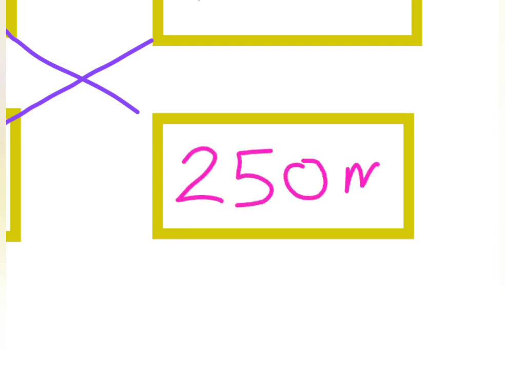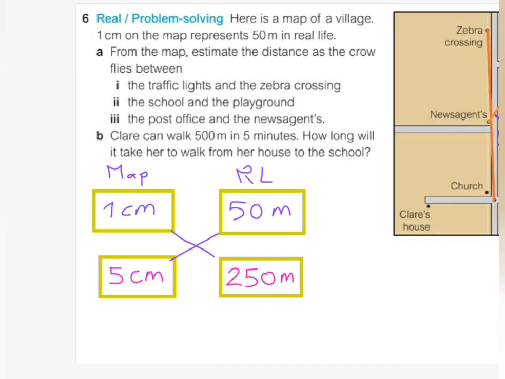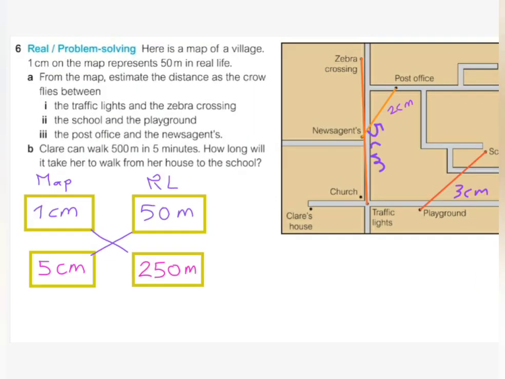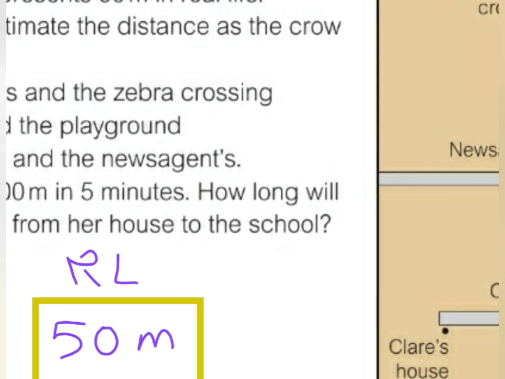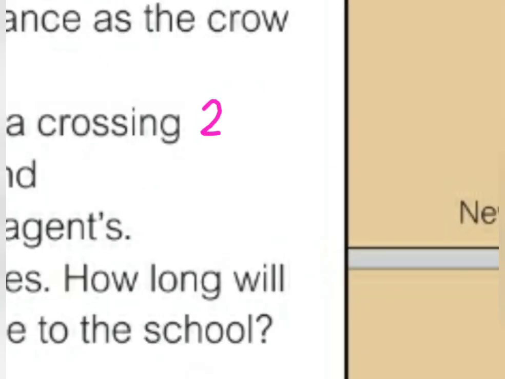So the answer here will be 250 meters. So 250 meters is the real life distance between zebra crossing and traffic lights. And this is the answer for this question, so 250 meters.